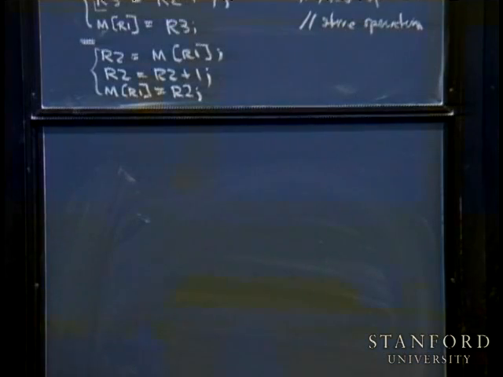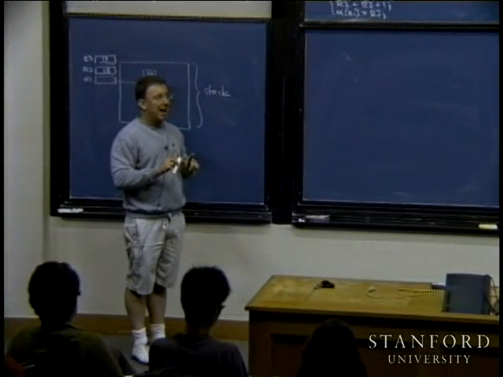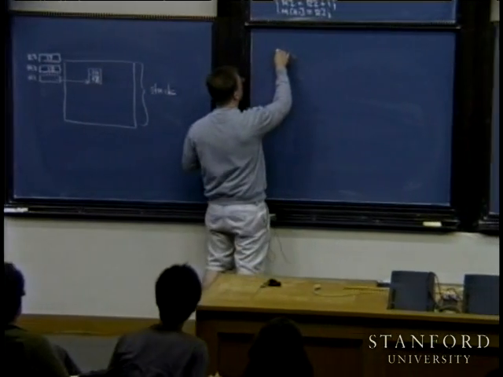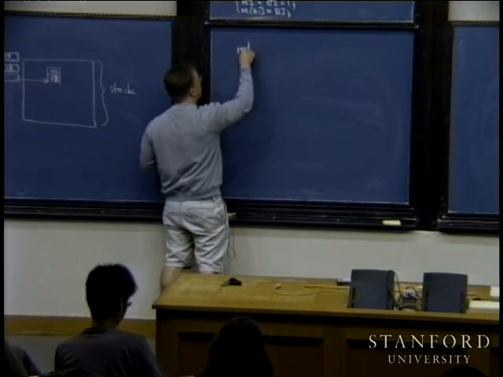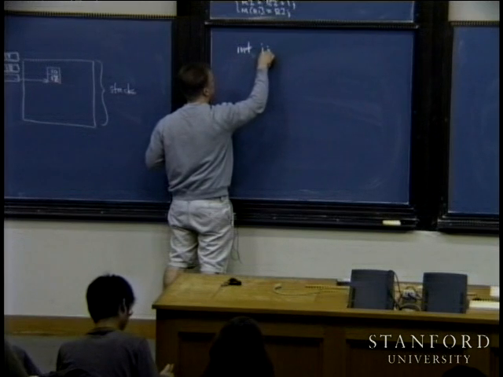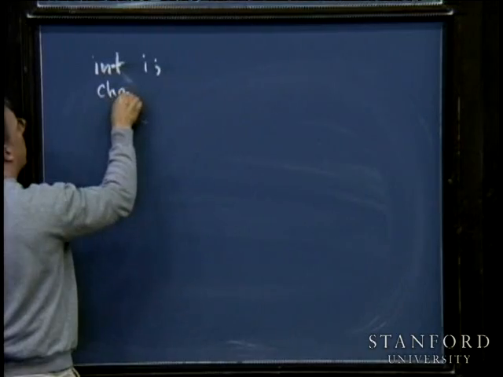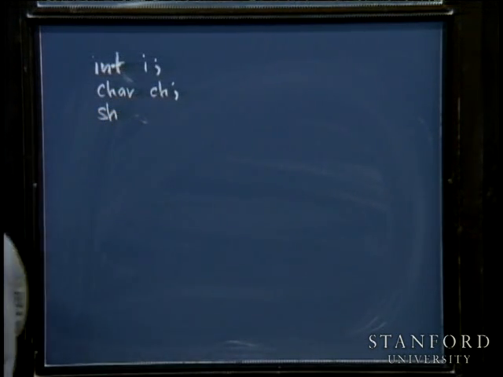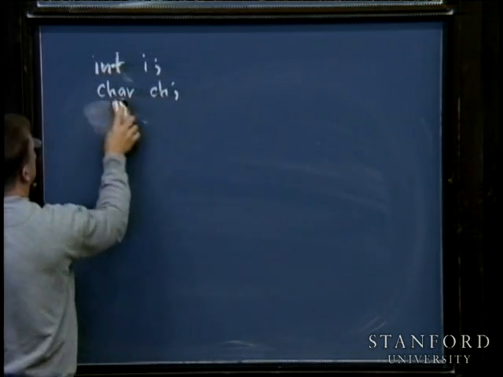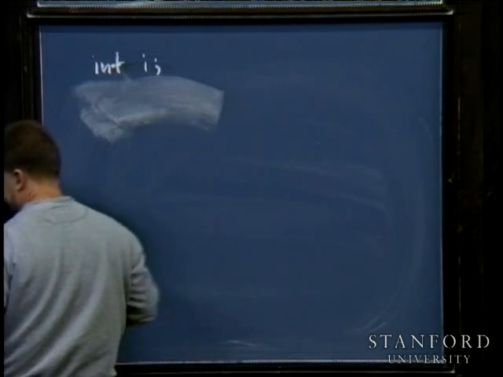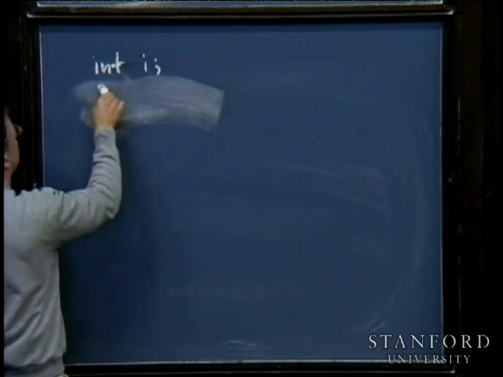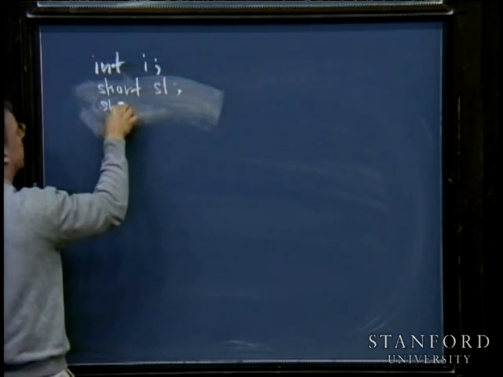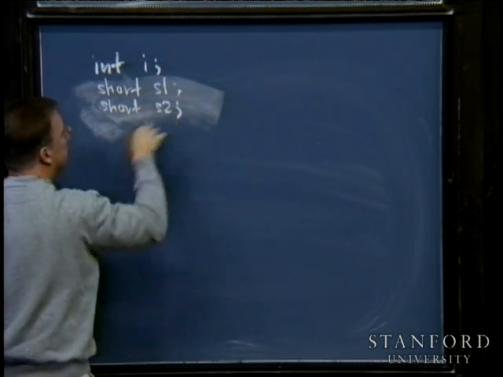Let's deal with an example that actually doesn't always deal with 4-byte quantities. Let me declare int i, short s1, short s2.